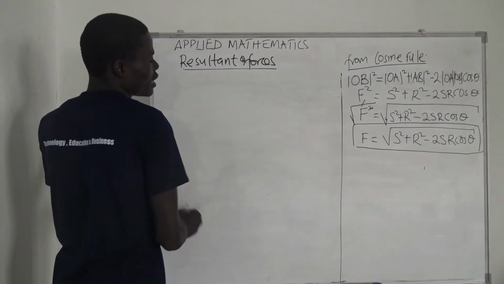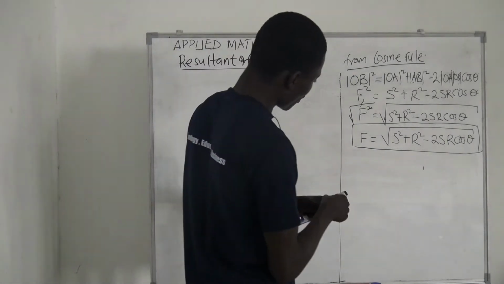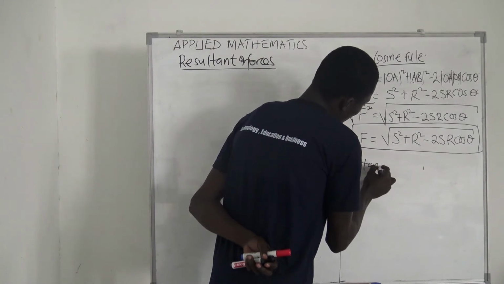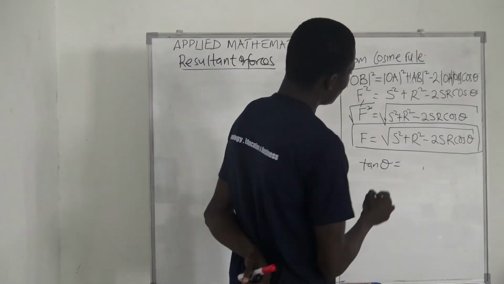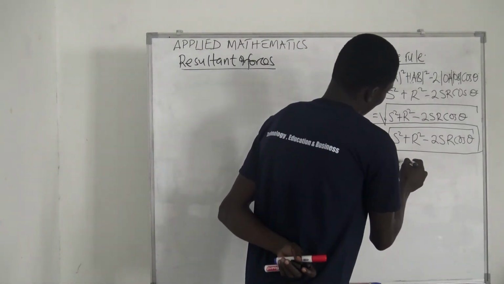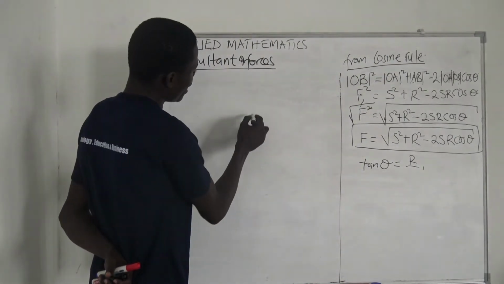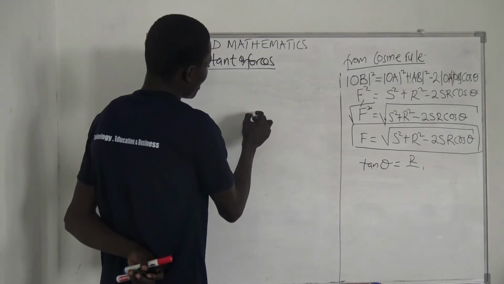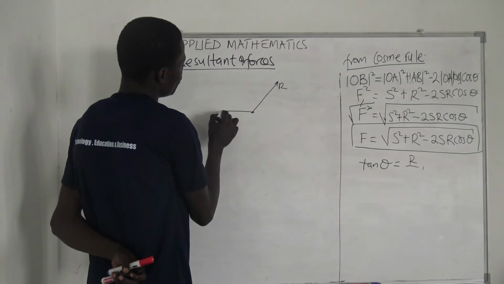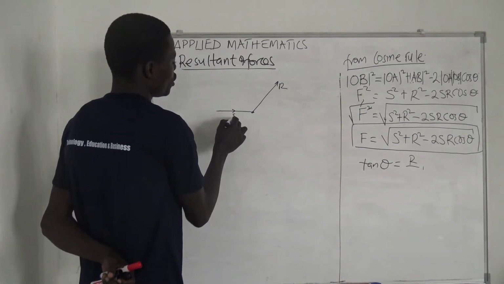Since we said that force must have both magnitude and direction, our angle is given by tan of theta equals R over S. Our setup was here, one going this side, and then we had our S, which is here.